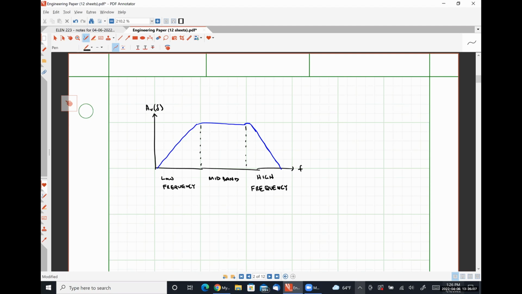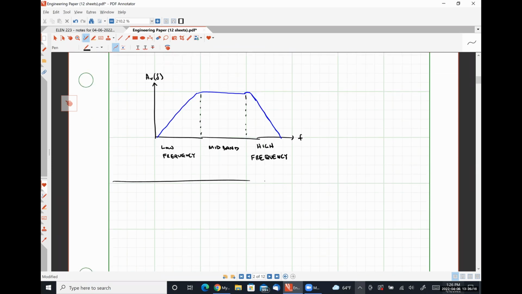All right, circling back around to what we're supposed to be talking about today. Typically speaking, C pi is much larger than C mu, which is larger than C CS.